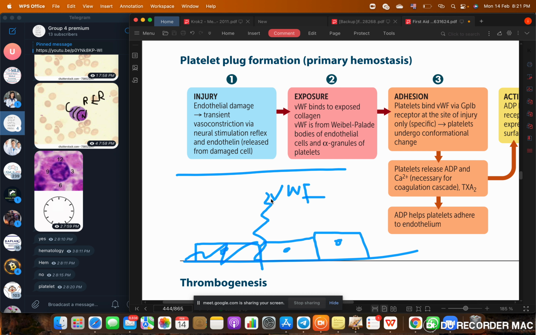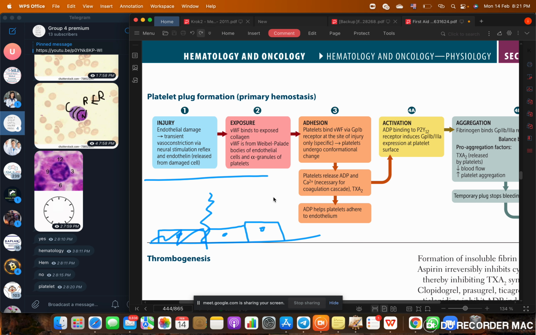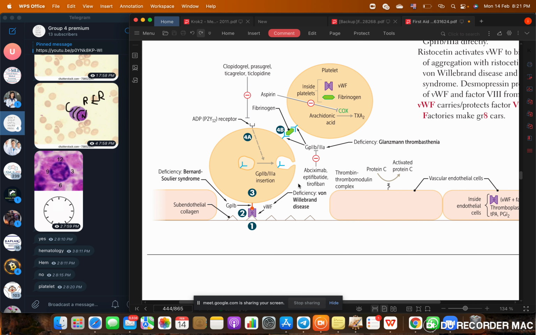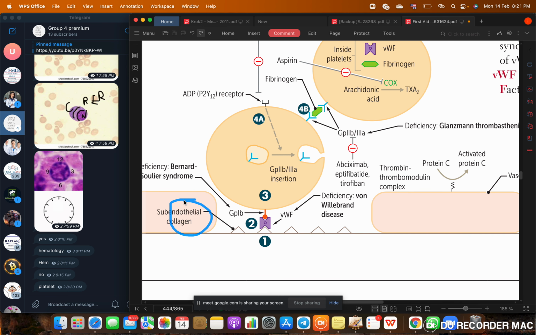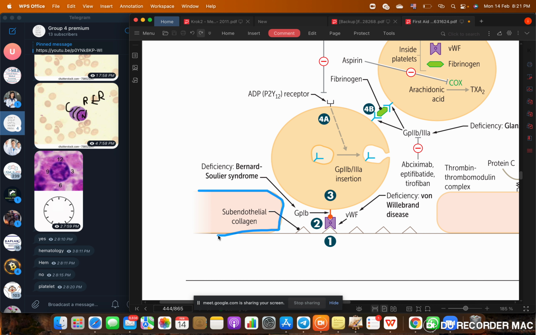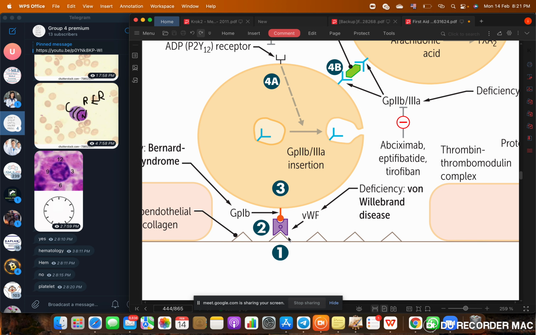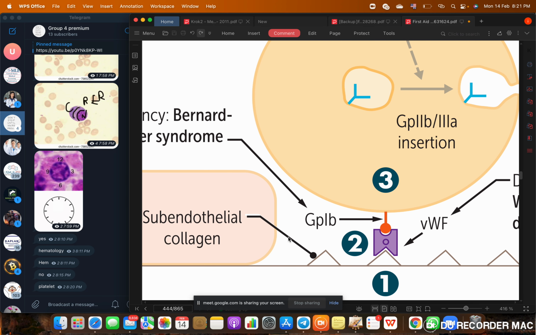So how does this connection exactly occur? It occurs via something called the GP1B receptor site. Take a look here. So you can see the subendothelial collagen and you can see the endothelial cells. So this is the subendothelial collagen. It's binding the von Willebrand factor. For the sake of von Willebrand factor to bind to a platelet, it must utilize something called the GP1B.